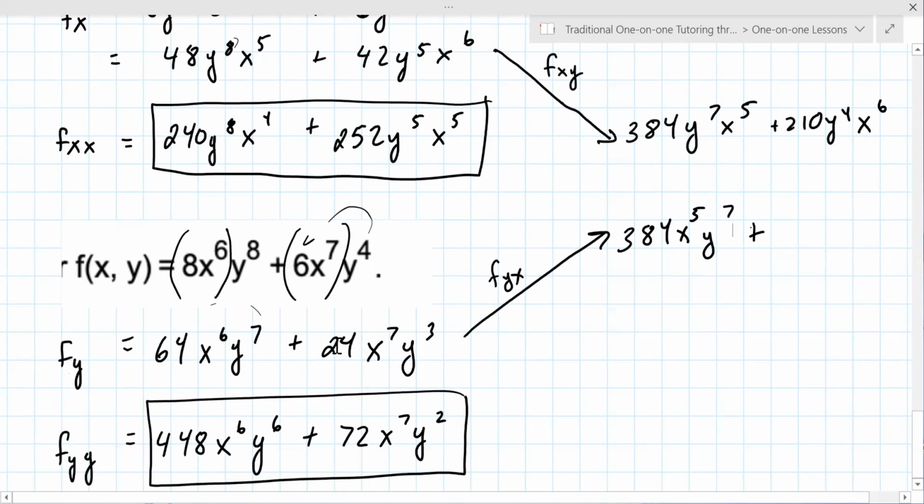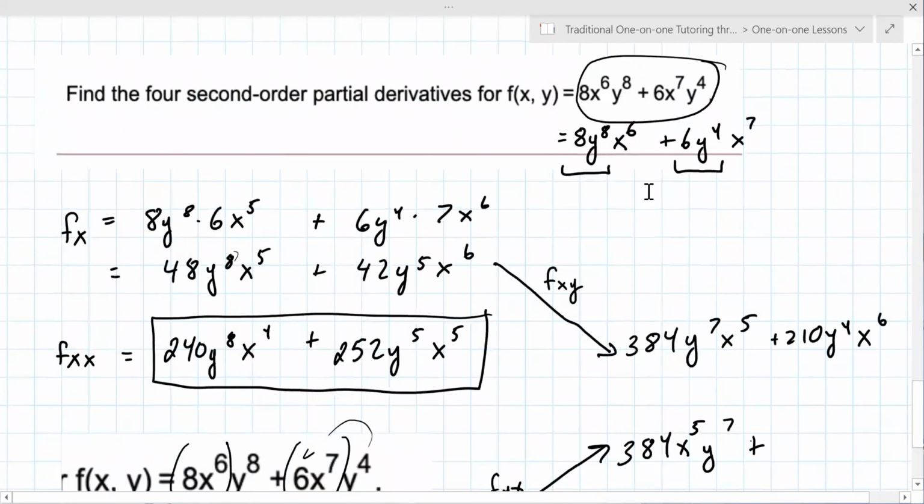7 times... All right, let me go back. I don't know why this is such a mess up here. 48 y to the 8th x to the 5th plus 42.